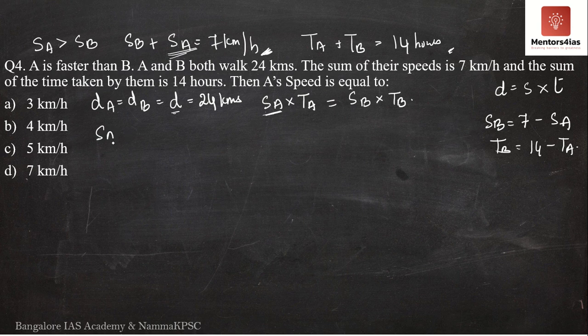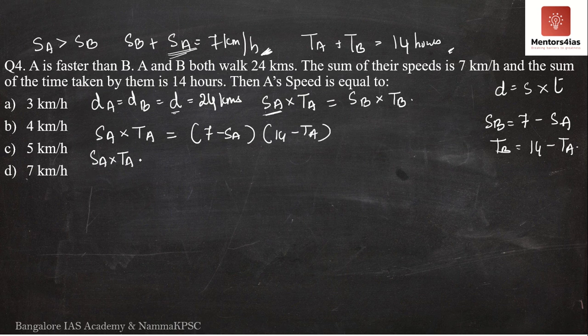So I can write SA into TA is equal to, what is SB? 7 minus SA into 14 minus TA. Let me open the brackets now.